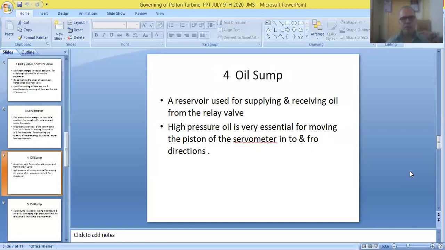It is used for supplying oil into the servometer, and also for receiving the entire quantity of oil that is coming out of the servometer. So this is the main purpose of this oil reservoir, which is also referred to as the oil sump.